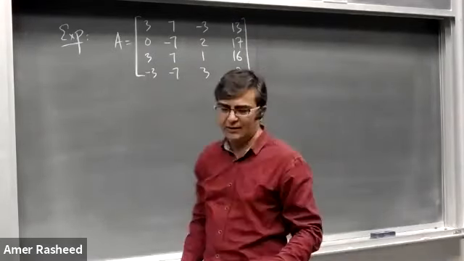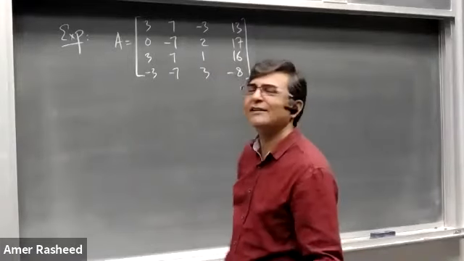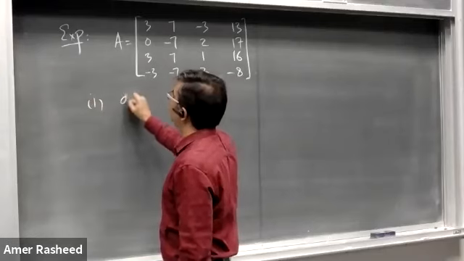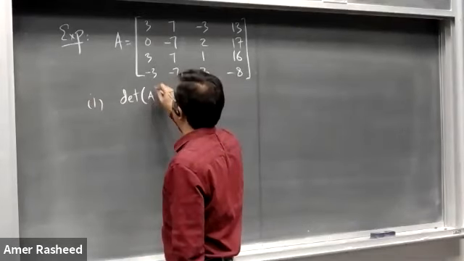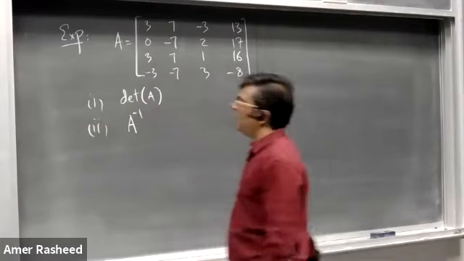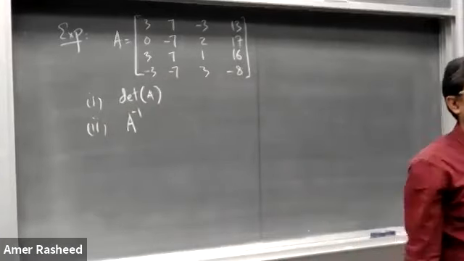This is the matrix A. You have to find the inverse of this matrix, or find determinant of A first, and then A inverse. These two things we need to calculate here.